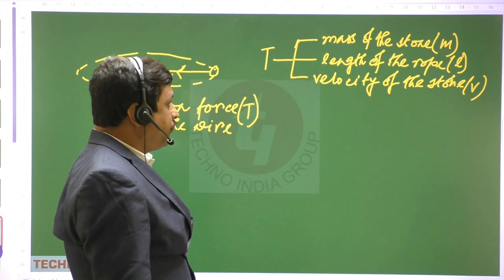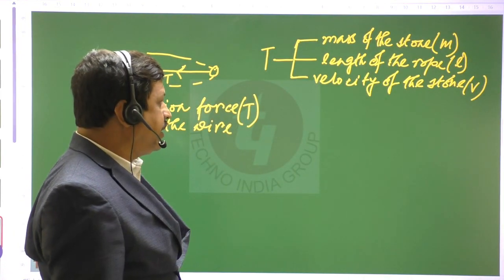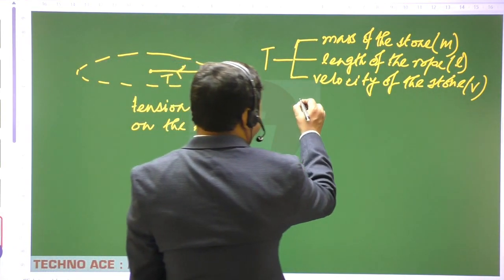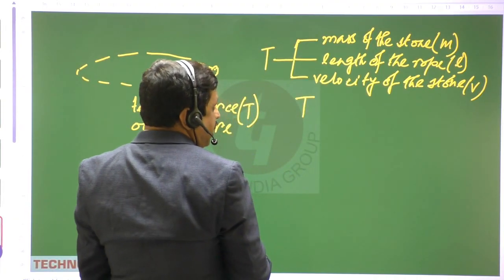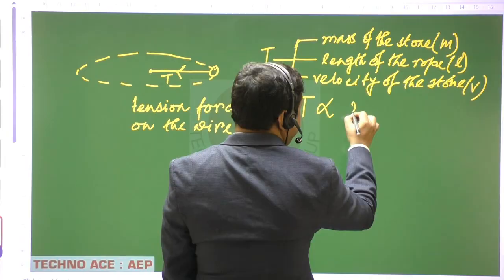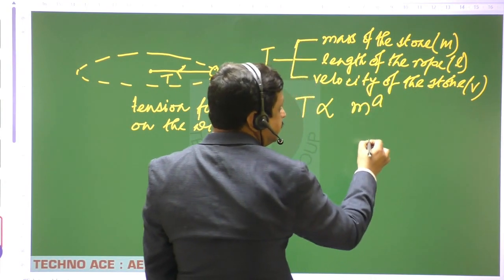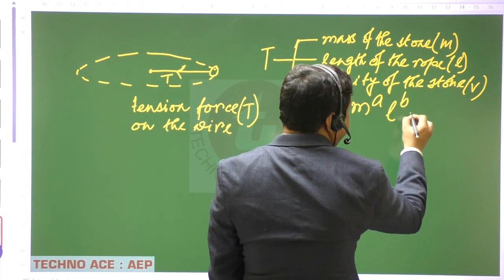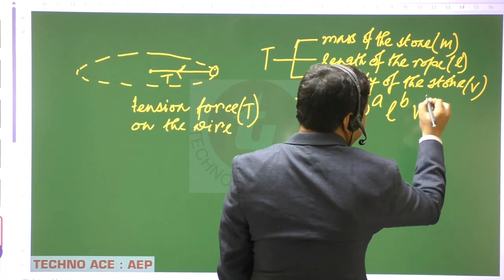That means first we have to derive a relation. Say the tension force is directly proportional to m to the power a, L to the power b, V to the power c.